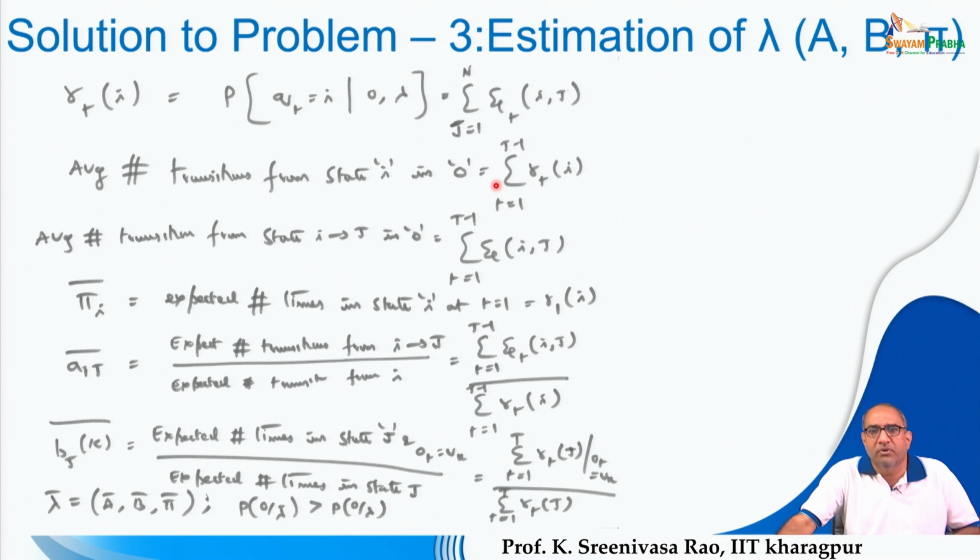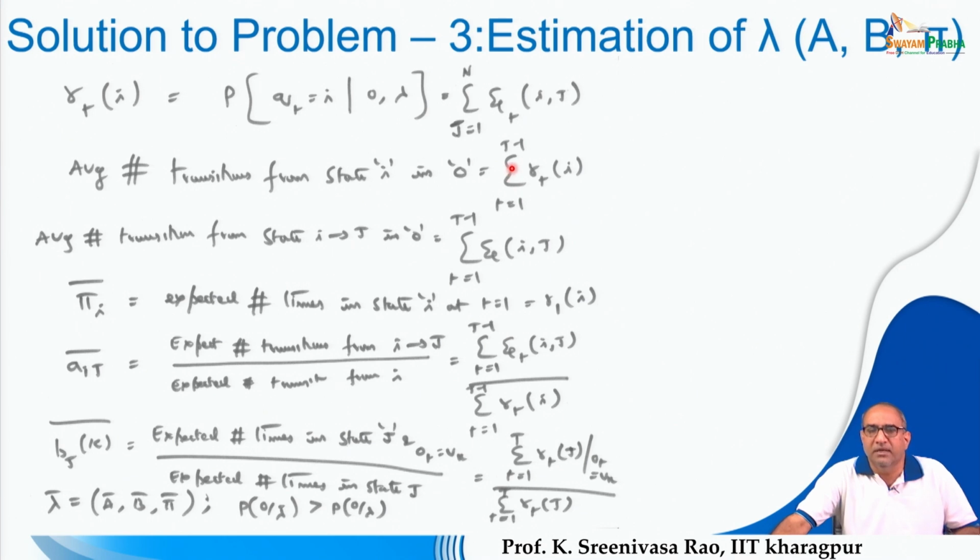So, that you can compute, like at each time instant we have a probability, we know that gamma t of i. So, if we sum this probability for every time instant, we can get the expected number of times the system is in state i at different times t. Here t goes from 1 to capital T, because our interest is that at time instant t the system should be in state i. So, the average number of transitions from state i will be the summation for t equals 1 to T minus 1 of gamma t of i, right.